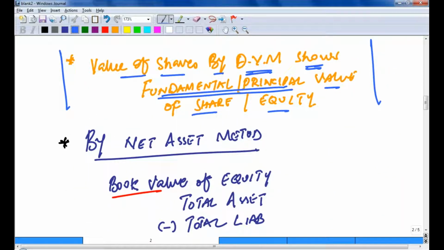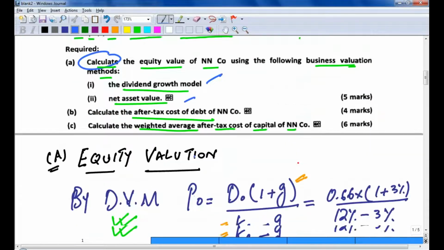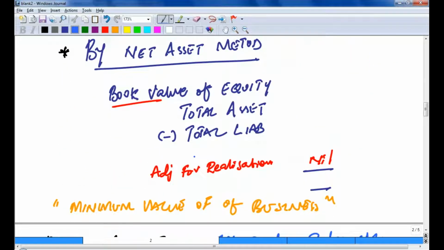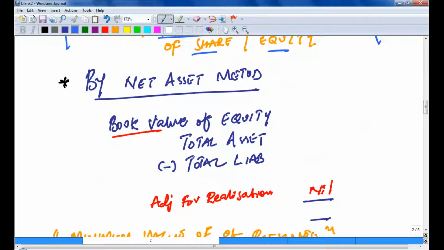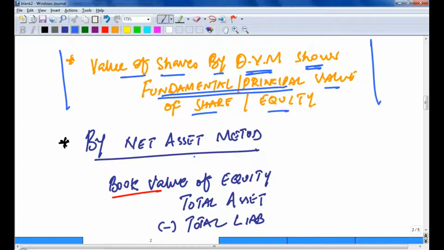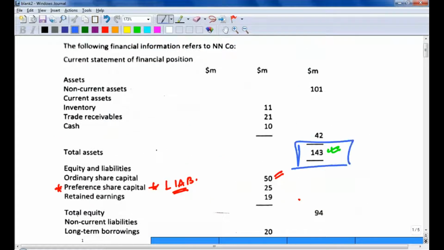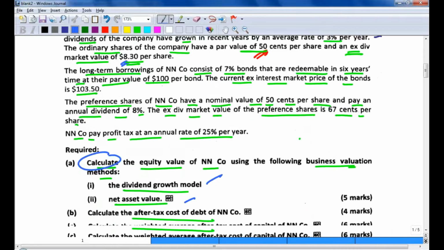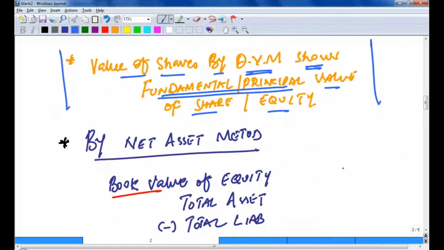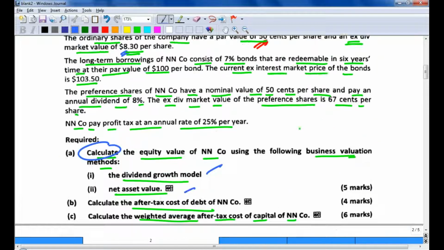Number two, second important point, calculate the value of equity by net asset method. Net asset method, it's very simple. Take out the book value of equity. Book value of equity means take out the balance sheet and the total assets. Book value of total assets is 143. Now what about the total liability?